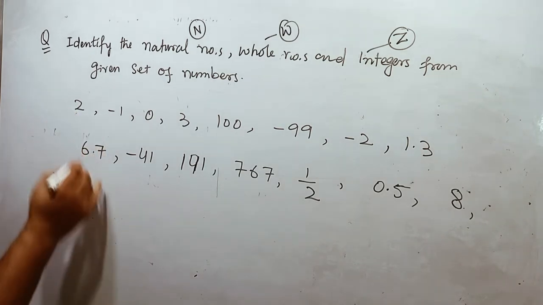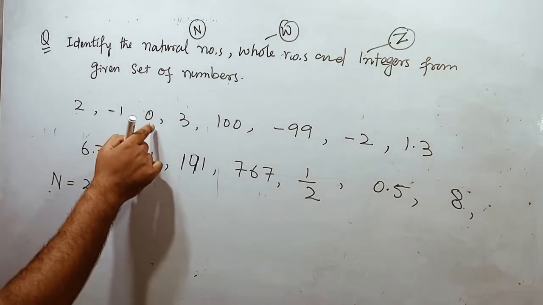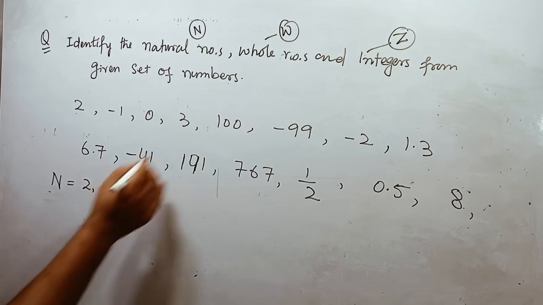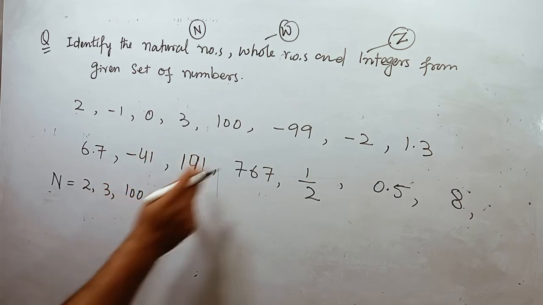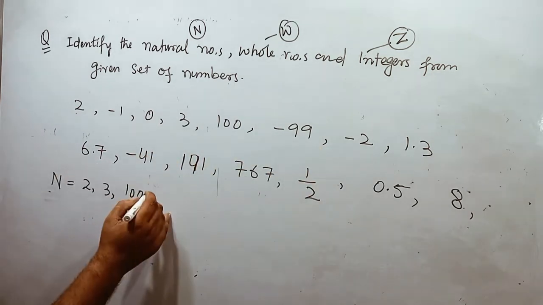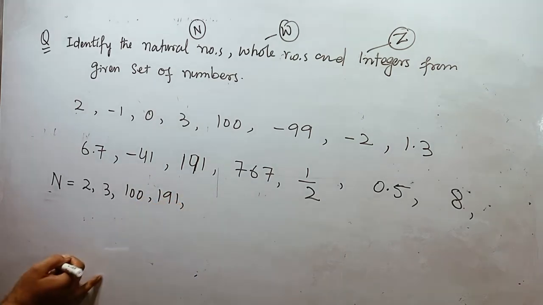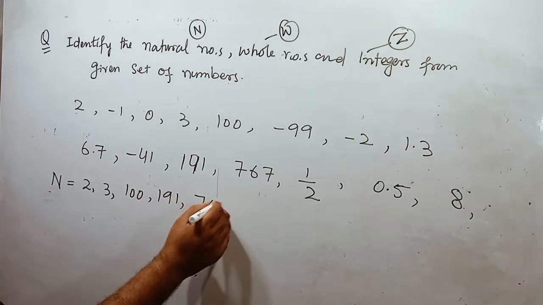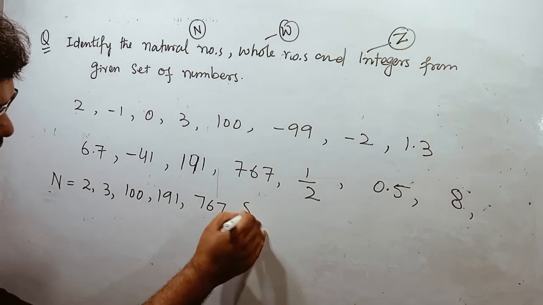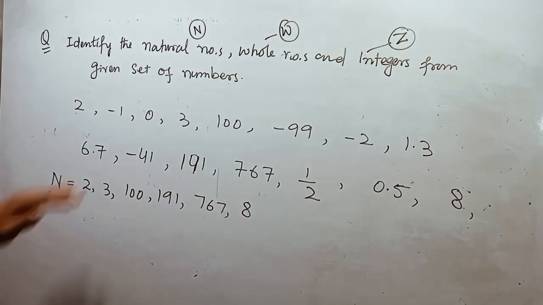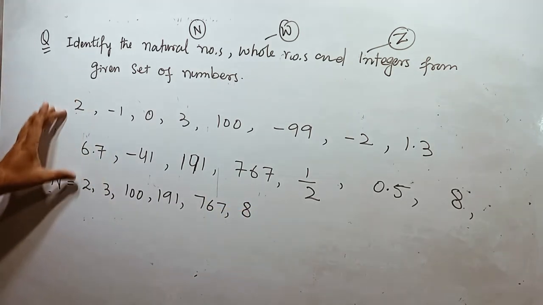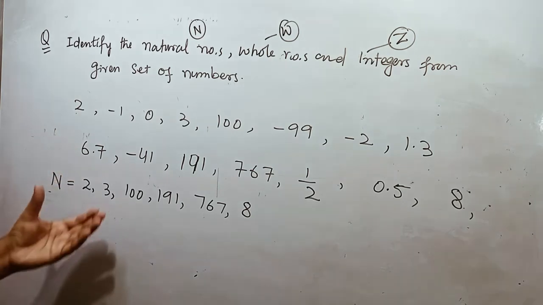You can see 2 is the natural number, is a counting number, 3 is the natural number, 100 is the natural number, 191 is the natural number, and 767 is the natural number, and 8 is the natural number.